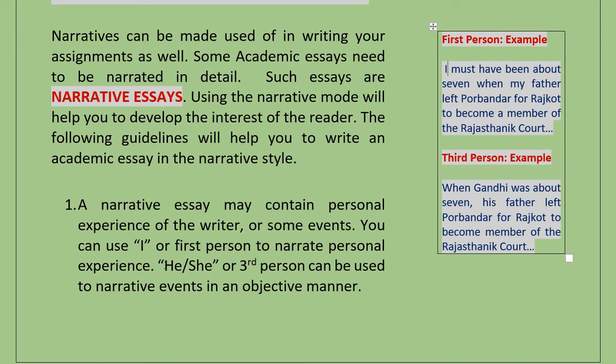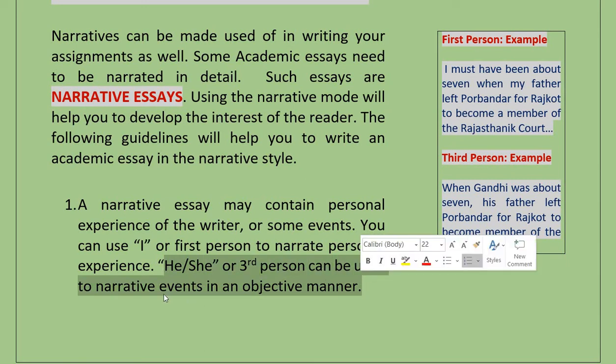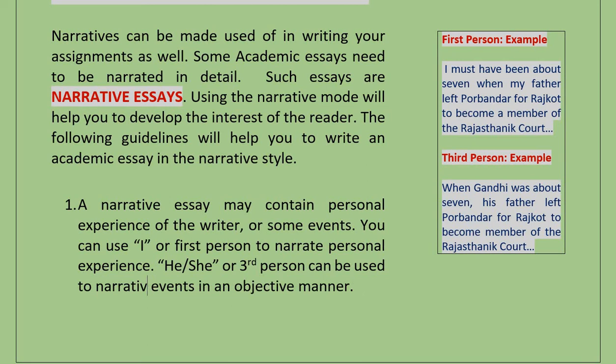See, he or she, or third person, can be used to narrate events in an objective manner. See, an example of third person narrative: "When Gandhi was about 7, his father left Porbandar for Rajkot to become member of the Rajasthani court."